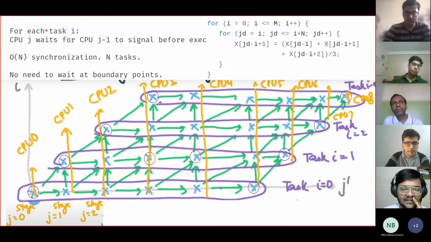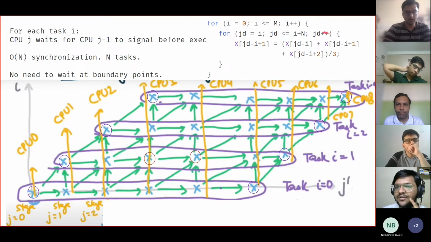What we do with the pipelining is, for each particular outer task, each particular outer task i, we are going to divide each task into n stages. Take a particular iteration i equal to 0. This is our i equal to 0 iteration, kind of our first task, and each jth iteration is a stage. So j equal to 0 is a stage, j equal to 1 is a stage, and j equal to 2 is a stage.